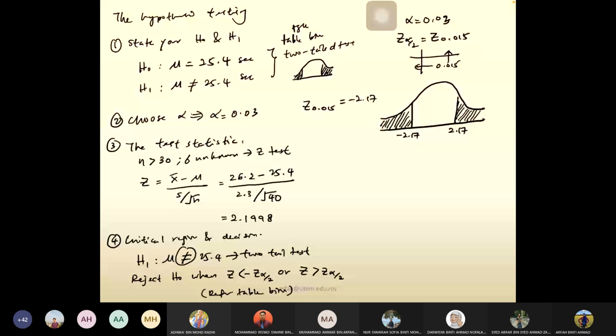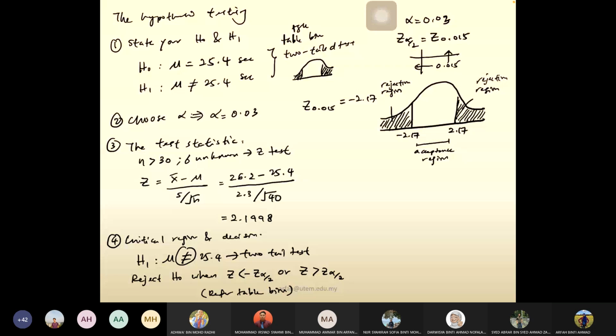So ini adalah acceptance region. So this is your acceptance region. Okay. This is your rejection region. And this is also your rejection region.